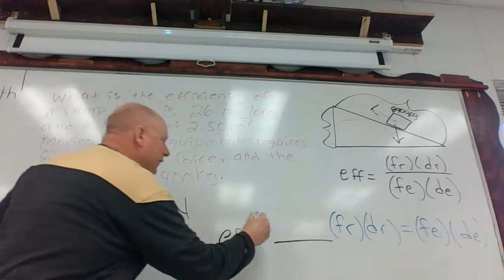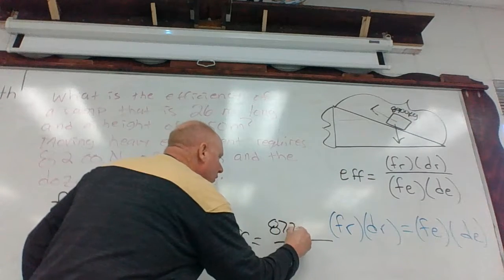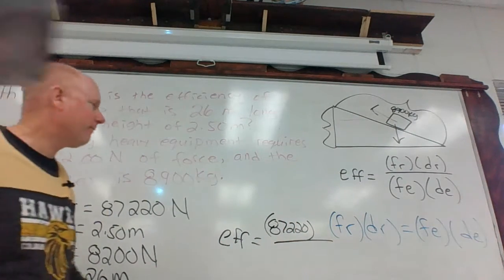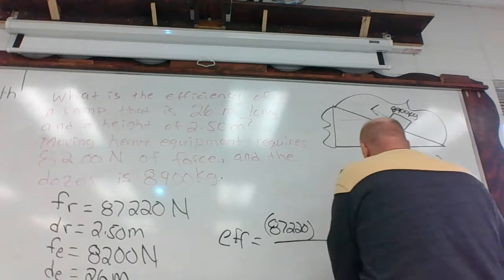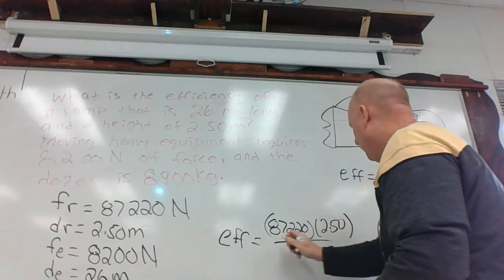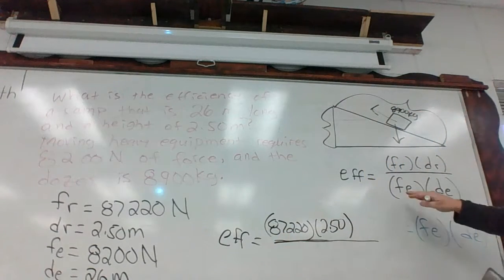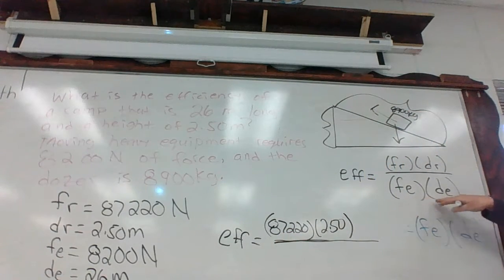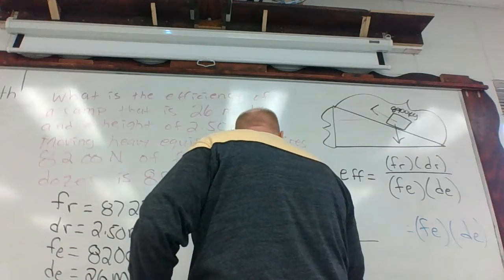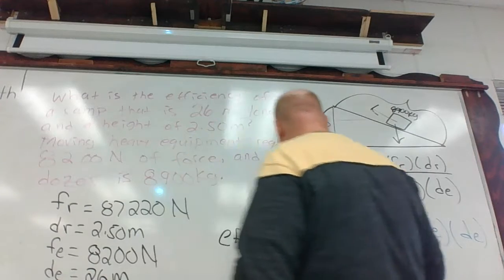Okay, so 87,220 times what? 2.50. Okay, so what goes on the bottom here then, according to our equation? 8,200 times what?